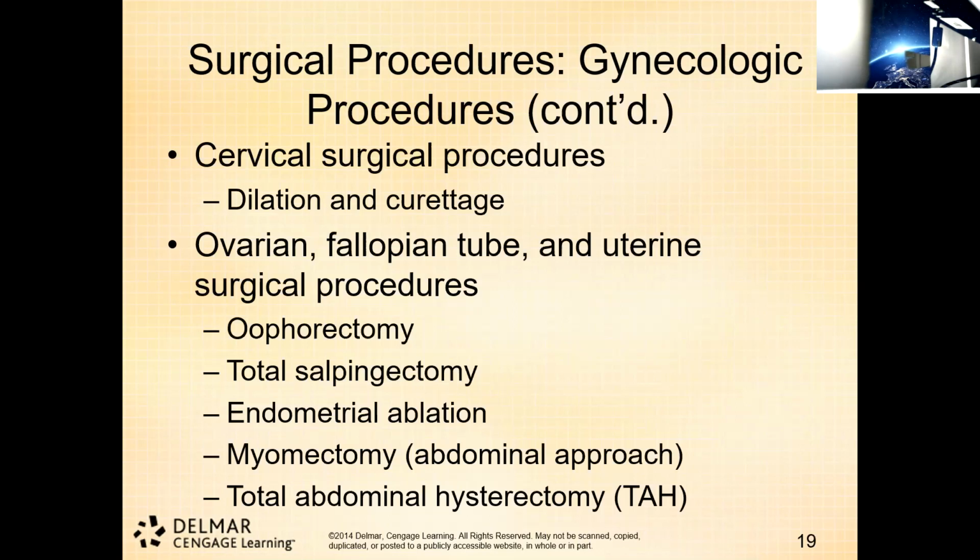Once they reach the ideal depth that they need, they can then start utilizing the dilators, starting from the smaller size and working their way up to the larger size to make sure they capture everything they need.